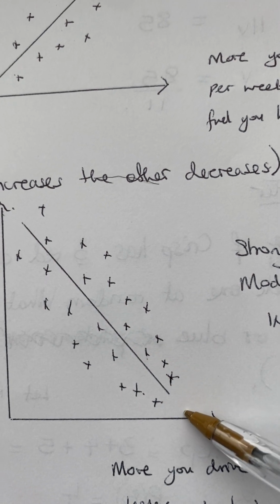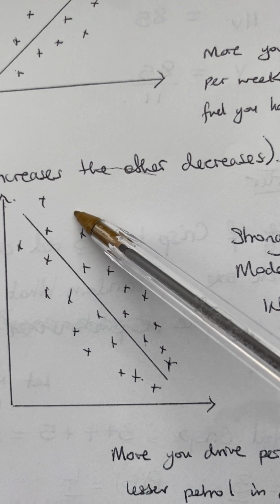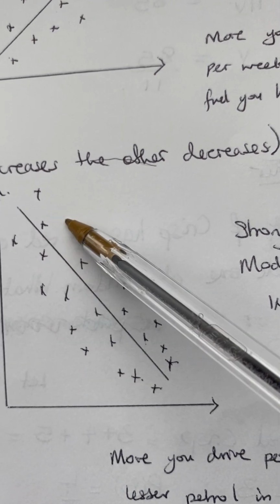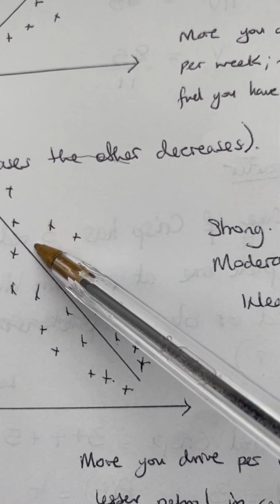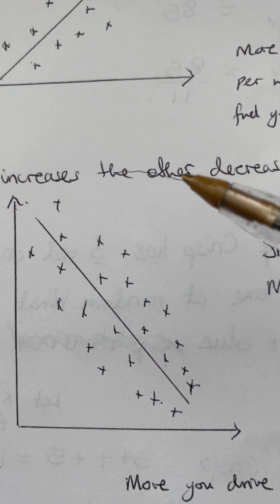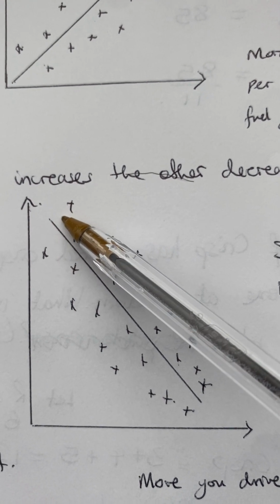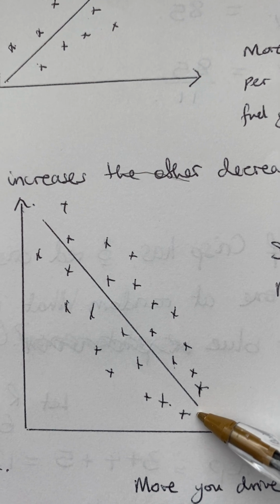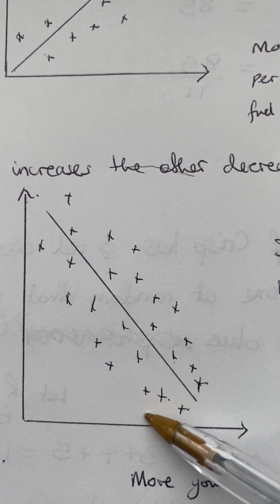This looks like a line of best fit. Assuming we have more points around, then it becomes weaker, a weak negative correlation. We can see that of the two sets of data, one is increasing and one is decreasing, but they are fairly spread apart.